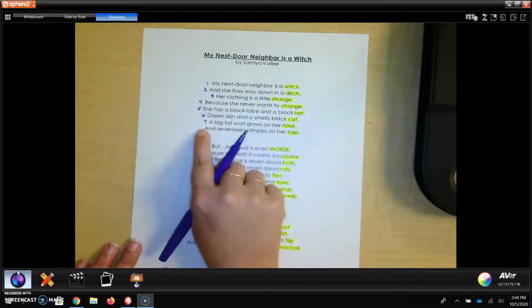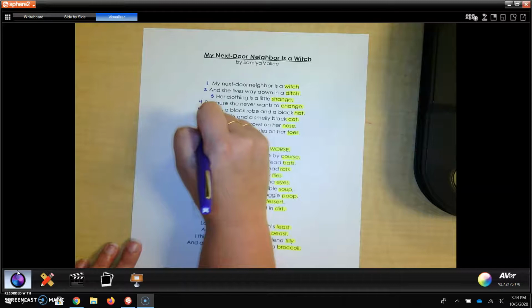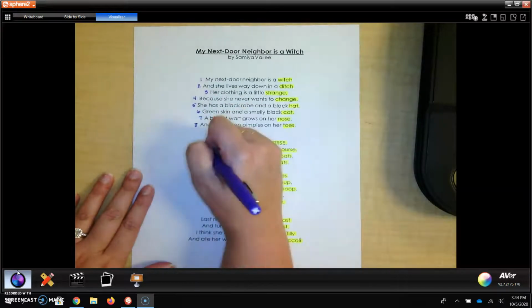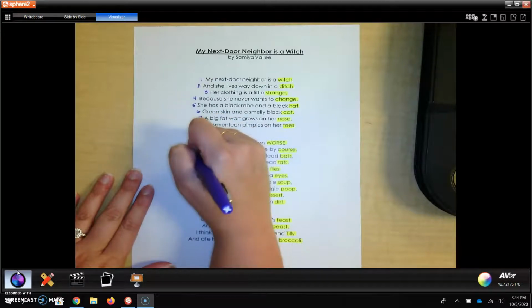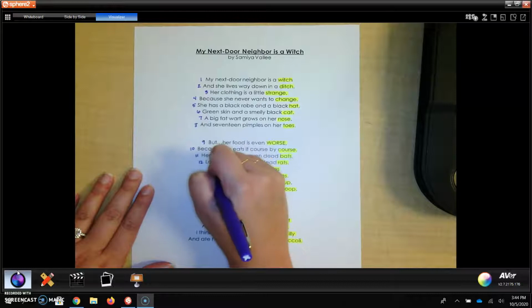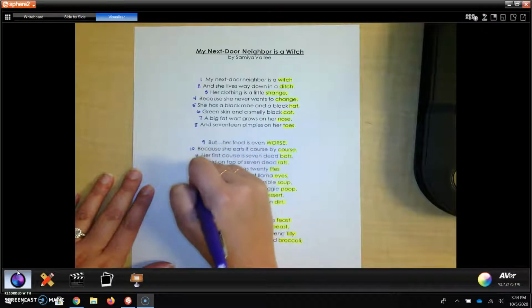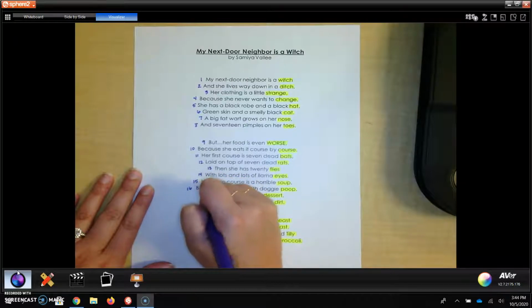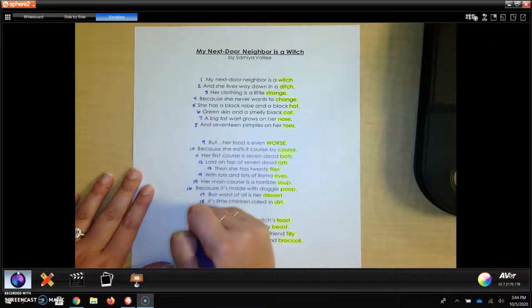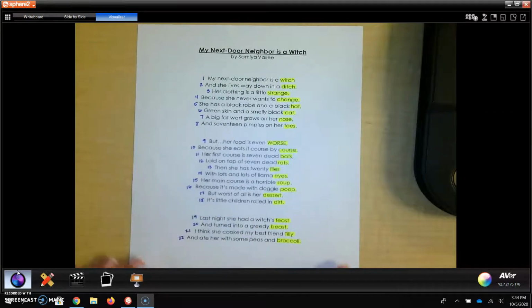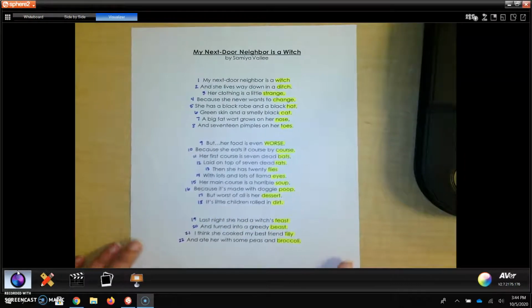Here's my line break, so my new line is starting. 8. Now, I'm just going to repeat this pattern for the rest of the poem. So I'm at 8. I'm going to keep going. 9, 10, 11, 12, 13, 14, 15, 16, 17, 18, 19, 20, 21, and 22. So there is a total of 22 lines in this poem.